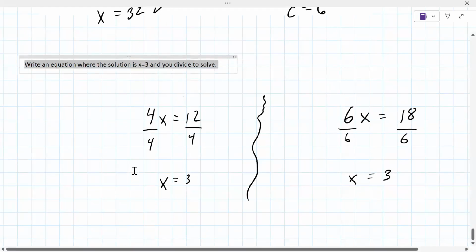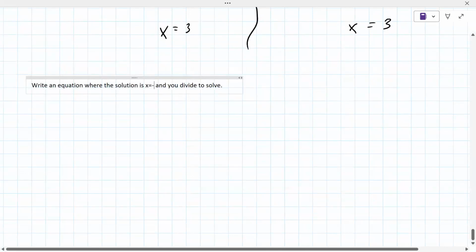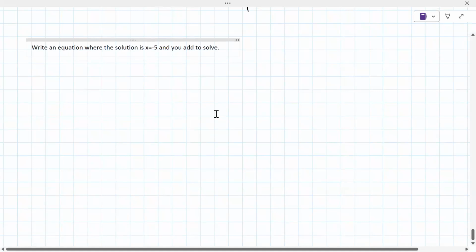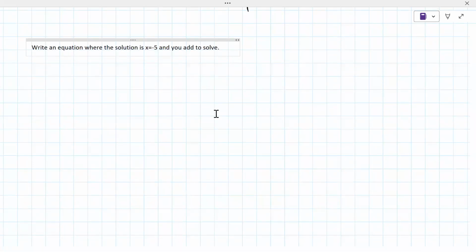All right, so let's do another one here. Write an equation where the solution is x equals negative 5, and you add to solve. So x minus 15 equals 10.